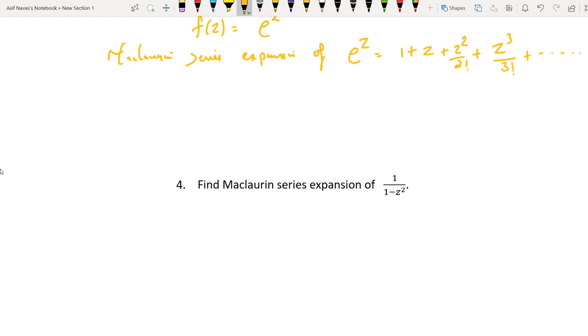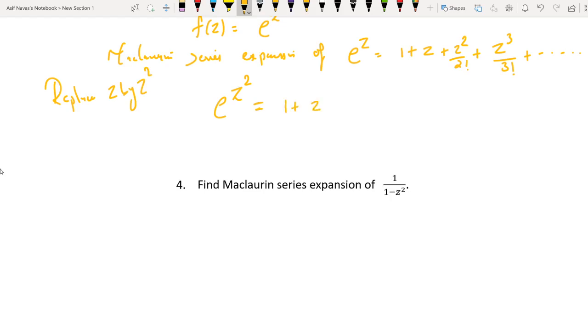So what we will do is we will get e raised to z square by replacing z by z square. So we will get a Taylor series expansion of e raised to z square at z equal to 0.